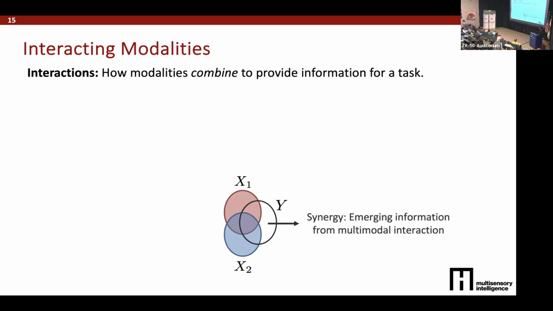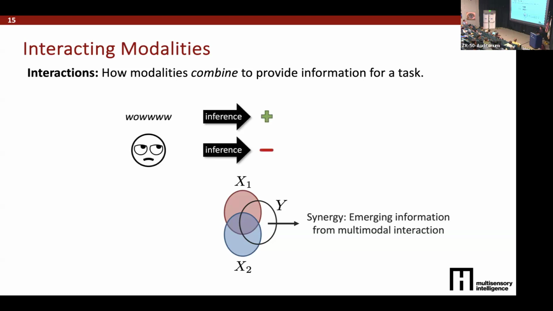And finally, the third and perhaps coolest interaction is that of synergy, where there's some emerging information that only arises when you bring these data modalities together. So you can think of a scenario where you might say a word like wow, which is very positive, but with anger and frustration on your face, which is negative. And that actually indicates the person is being sarcastic about the topic. And that's an example of synergy because it requires you to combine and compare both of these outcomes and look at their differences before realizing that a person is actually being sarcastic.